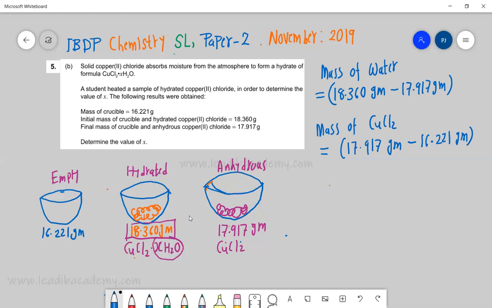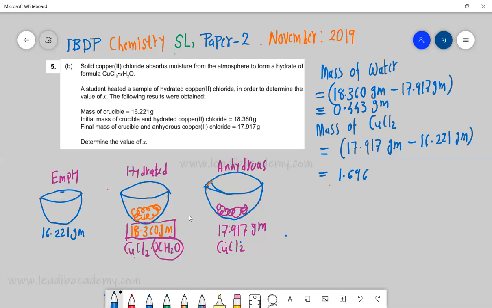So this gives me 0.443 gram. And let's do this. 17.917 minus 16.221. So this gives us 1.696. Okay, now let's move on.